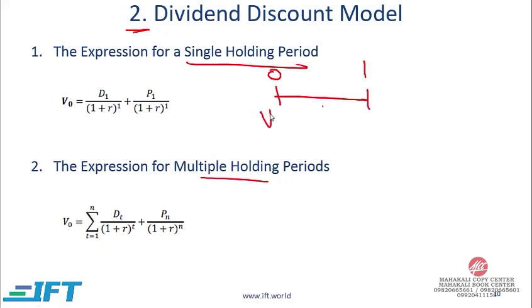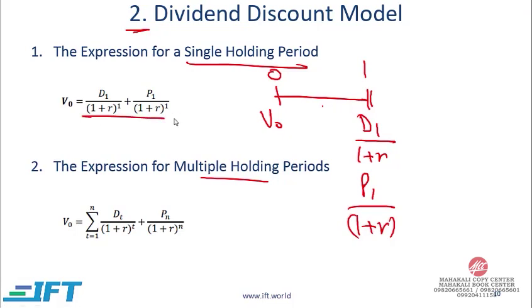So how do you come up with the value at time 0? It is simply equal to D1, in fact, the present value of D1, plus the present value of the price that you expect at the end of period 1. So this is how you use the single period model.